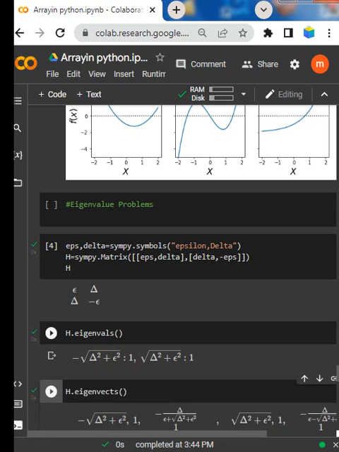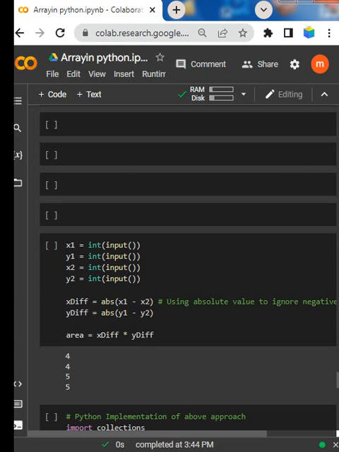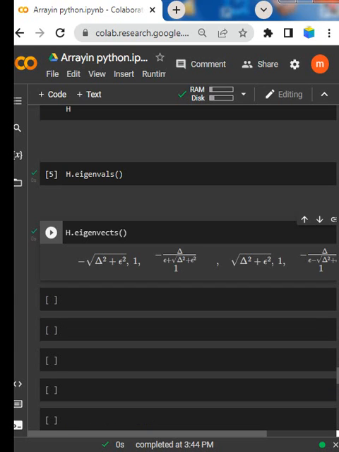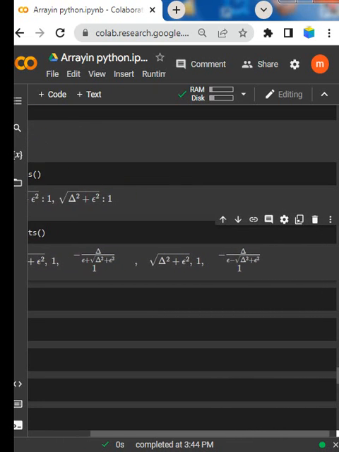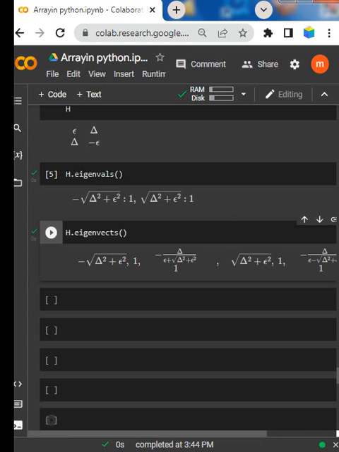So let's see. Yes, this is an eigenvector like this. It contains only one; it contains the first and second rows.